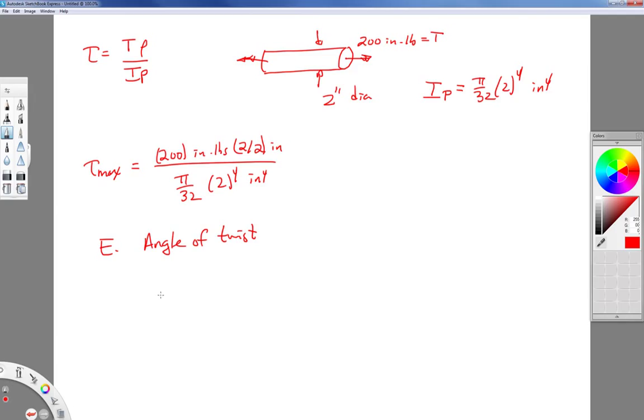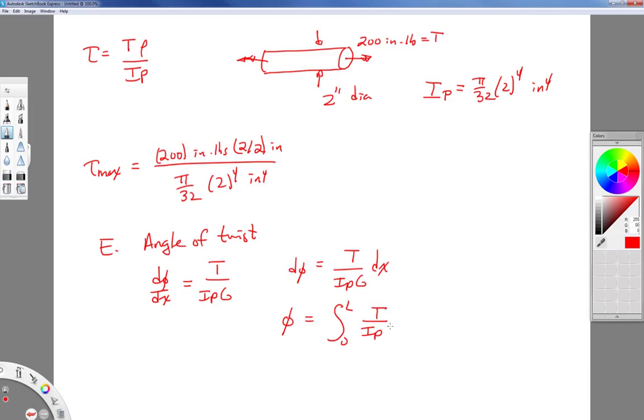On the previous page, we had an equation that said that our twist rate, d phi by dx, was equal to the torque divided by I sub p G. We can separate this and integrate both sides and have phi being an integral along the length of the bar of T over I sub p G dx. The units that come out of this angle of twist formula would be radians.